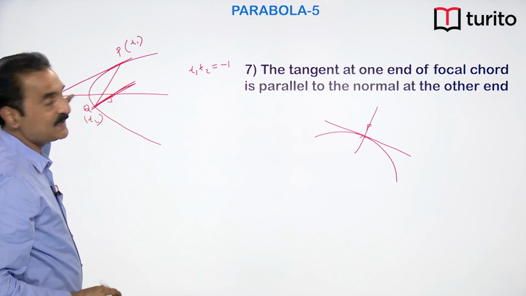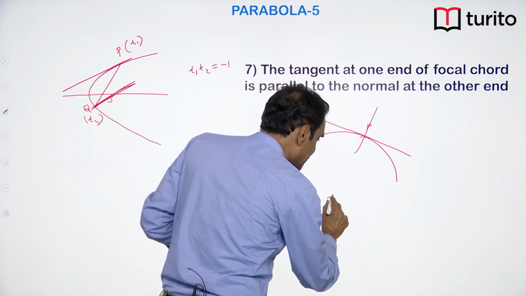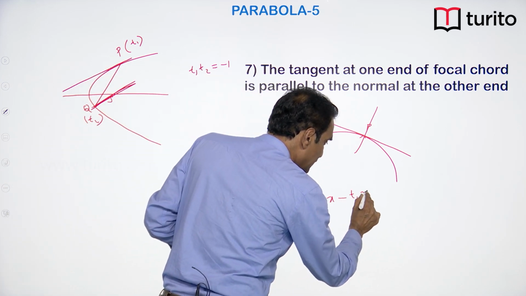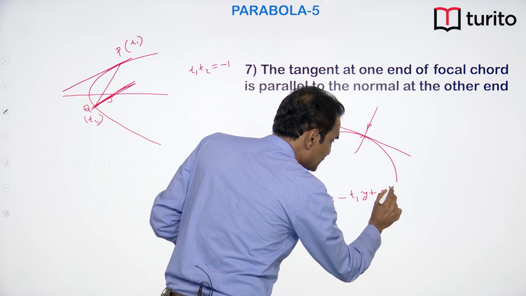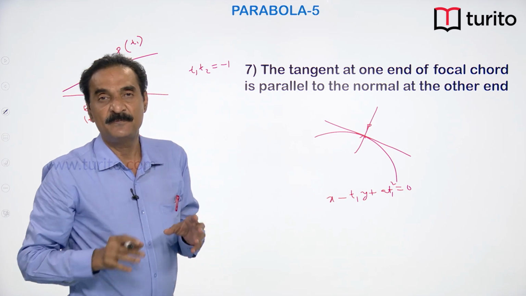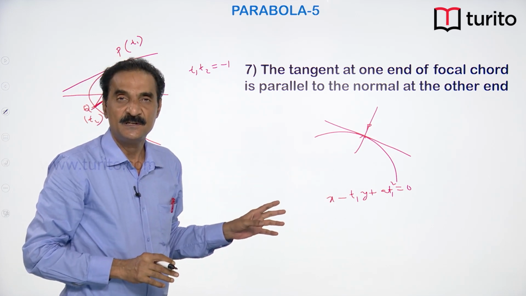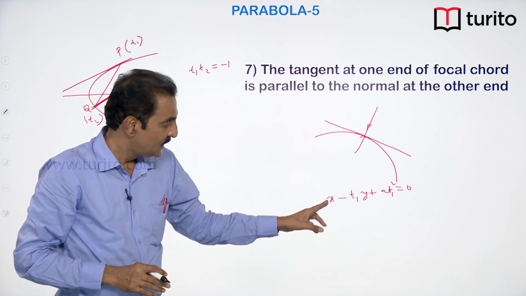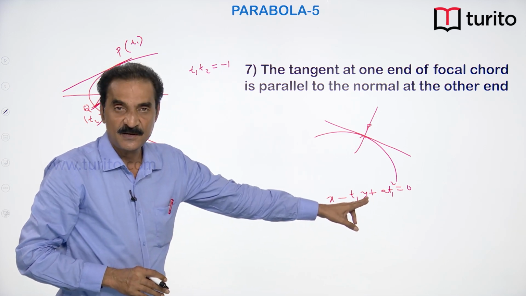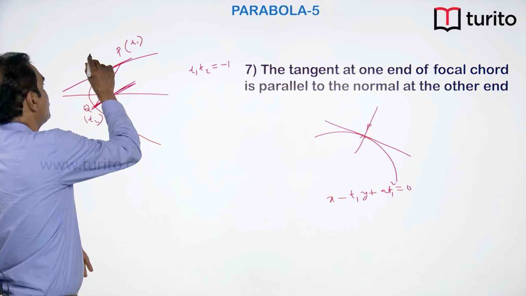What is the slope of the tangent at P of T1? We know that equation of the tangent at T1 is x minus T1y plus a T1 square is equal to 0. Everyone must be very thorough in all the formulae, like equation of the tangent, equation of the chord, etc. This is the equation of the tangent at P, then slope of the tangent is 1 by T1.